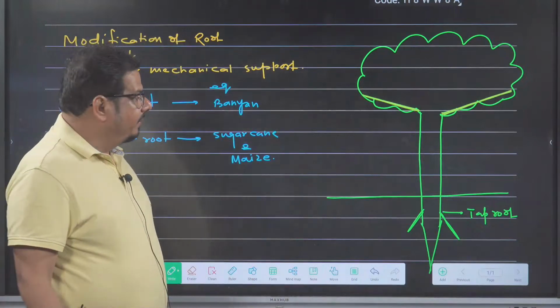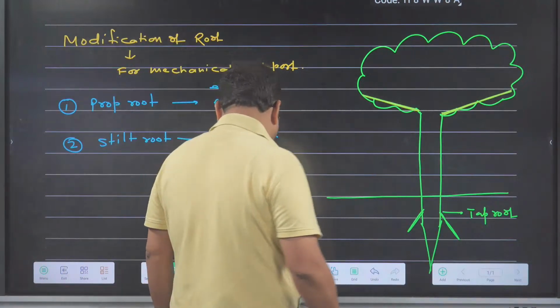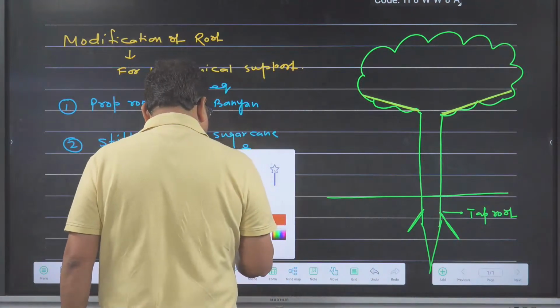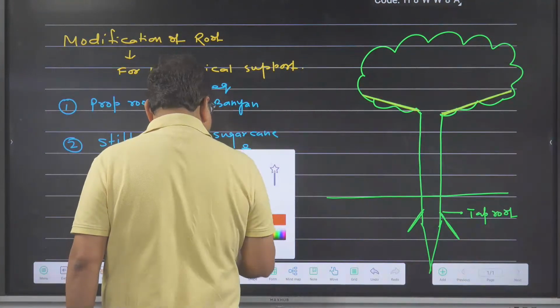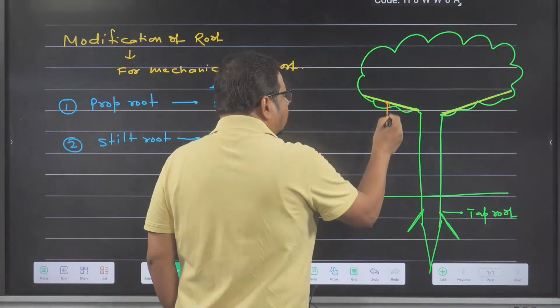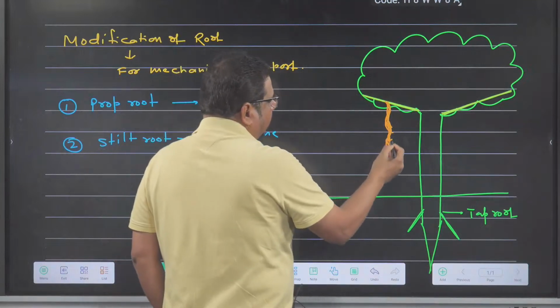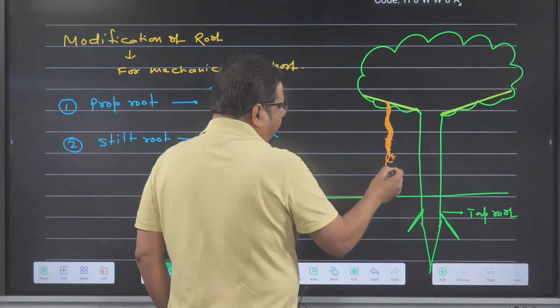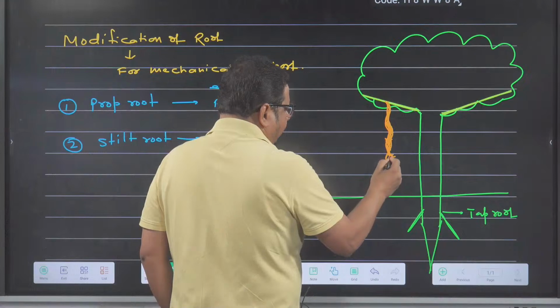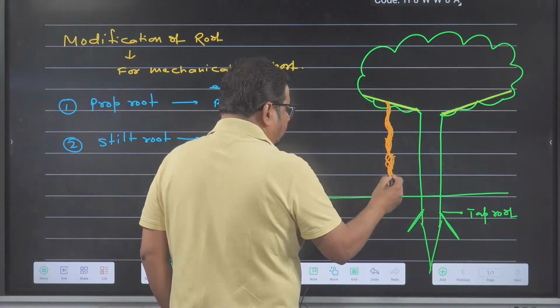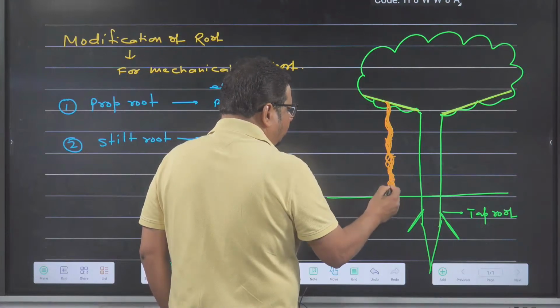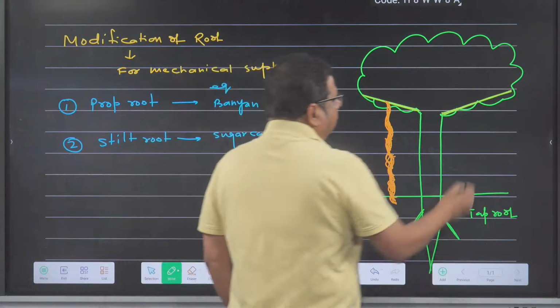So it becomes difficult to sustain that additional weight. So what happened in banyan tree? From the branches, roots are arising like a pillar. These are aerial root. It is in air, so it is called aerial root, and they are going to penetrate in the soil like a pillar.